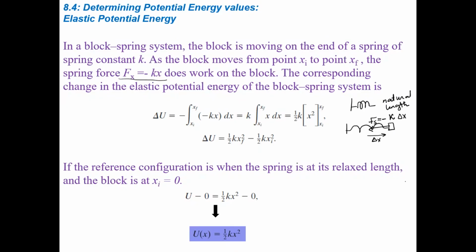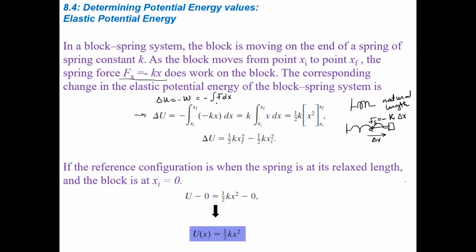I will use this formula of the force to extract a formula for the elastic potential energy stored in the spring. Namely, I have delta U is equal to minus the work done, which is equal to minus the integral of F dot dx.